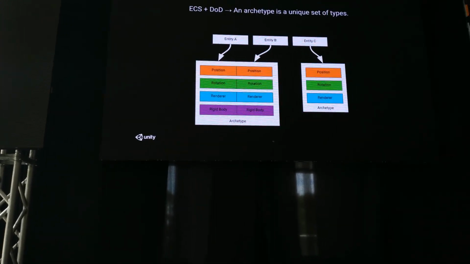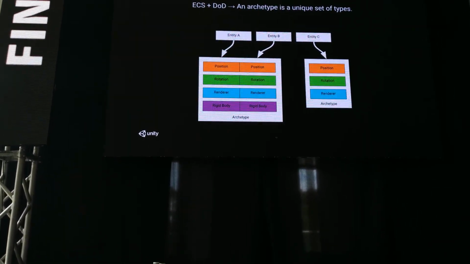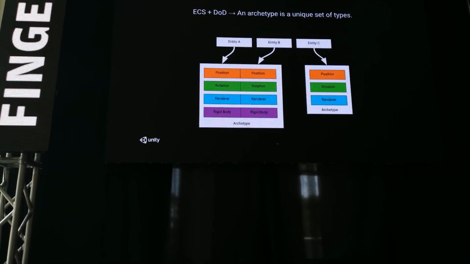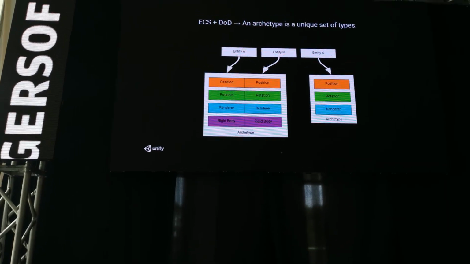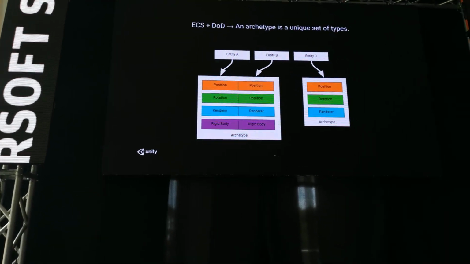So the way that works is every entity has what we call an archetype. An archetype is the unique set of components. And we group things together automatically based on that set of archetypes.